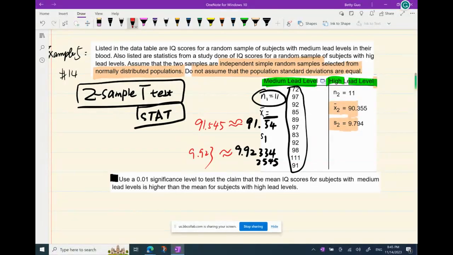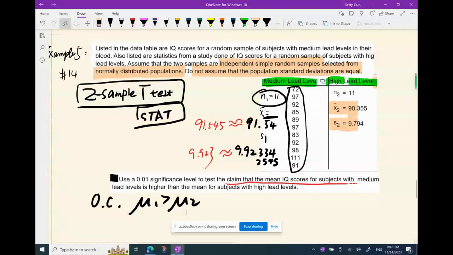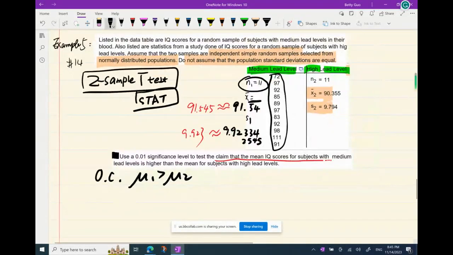Okay. What kind of test is this? We have not determined that yet. What is the original claim? Oh, it's right here. Claim that the IQ score for the median level is higher. So we're testing mu1 bigger than mu2. Of course, you don't want a lot of lead in the blood.